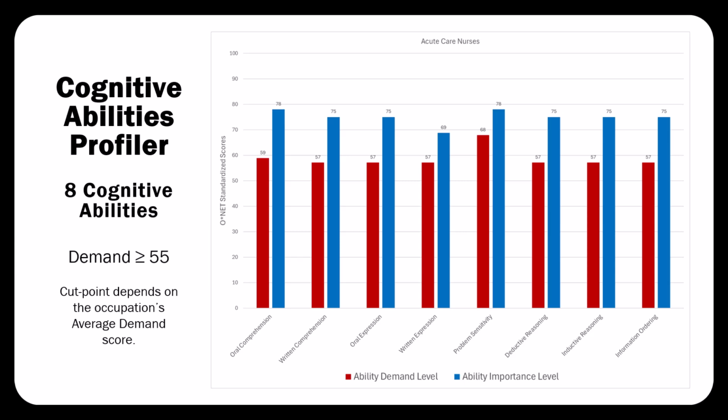What you'll notice, too, comparing this with the 21 cognitive abilities we looked at in the prior slide, is that these also tend to be the most important. And that's actually something you're going to see in audit. Almost always, the more demanding abilities are also the most important.